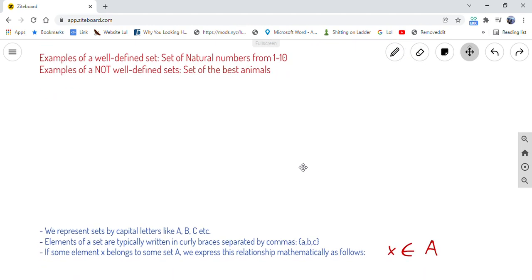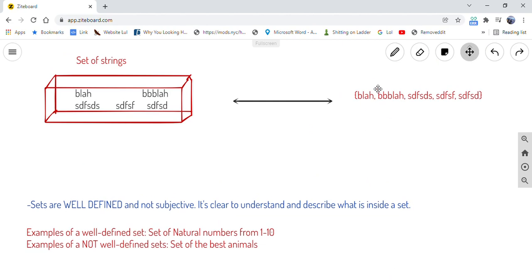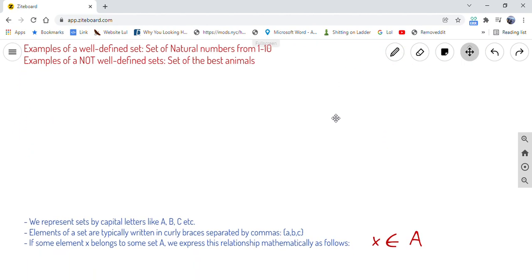So, some notation. We represent sets with capital letters of the Latin alphabet, just because it's typically the alphabet used for most mathematical texts, along with the Greek alphabet. Elements are written in curly braces like I showed here and up above as well. It's just a notation we use to represent a set, and the elements are separated by commas.